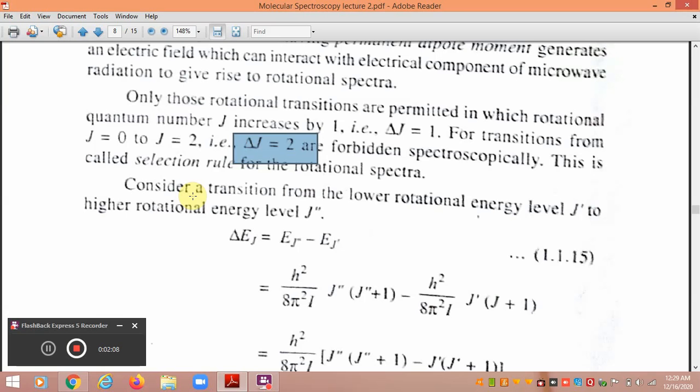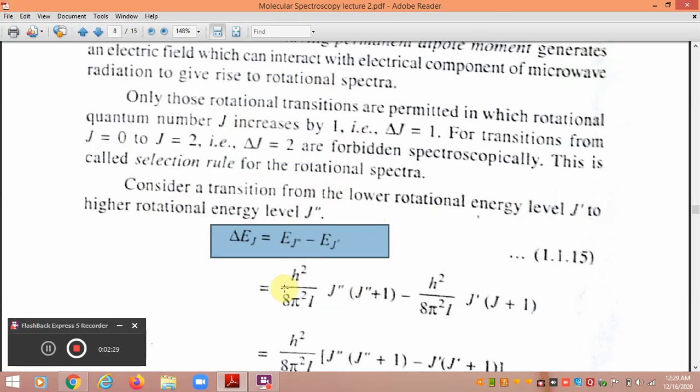So let us consider the transition of the molecule from one rotational energy level J equal to 0 to J equal to 1, or that is nothing but J single prime to J double prime. The energy difference between these two energy levels will be E J double prime minus E J single prime.